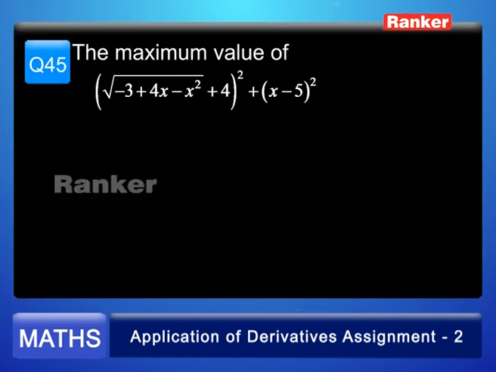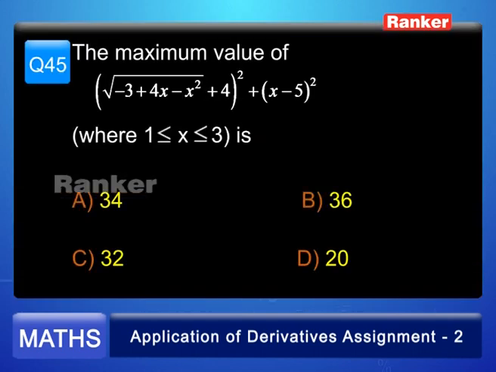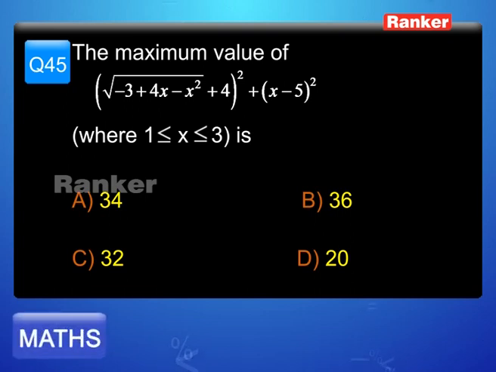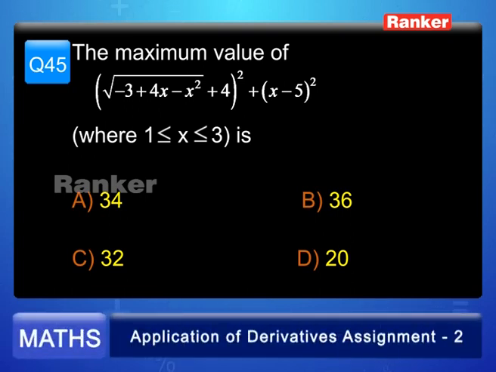Next question: find the maximum value of root over minus 3 plus 4x minus x square plus 4, whole square, plus x minus y whole square, where 1 is less than or equal to x is less than or equal to 3.